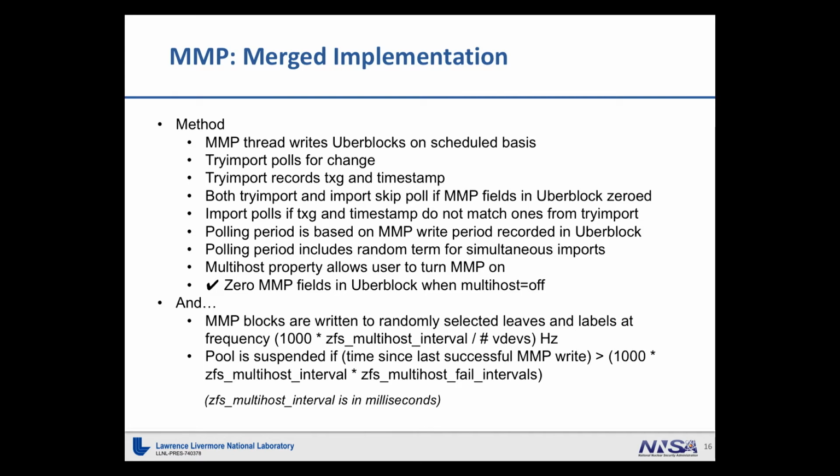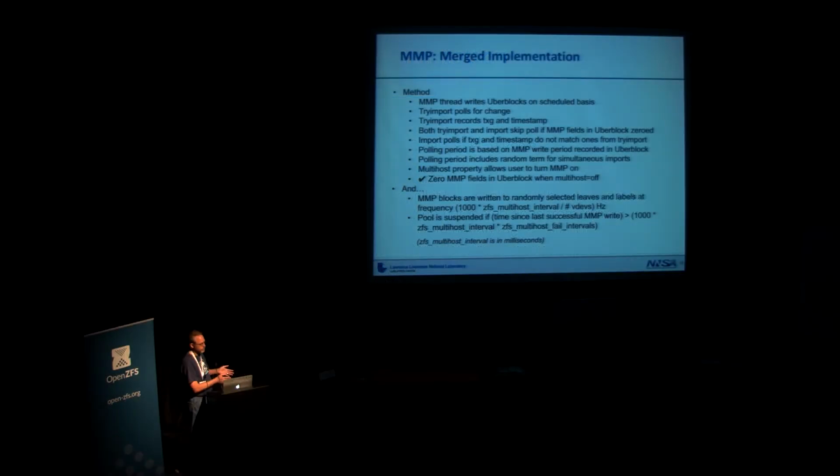That's how many milliseconds should go by during which every VDEV should get one MMP write. The idea was that that's easy to understand. Every device should get a write, and so every device is providing protection to the pool. And then we just invert that to turn it into a frequency.